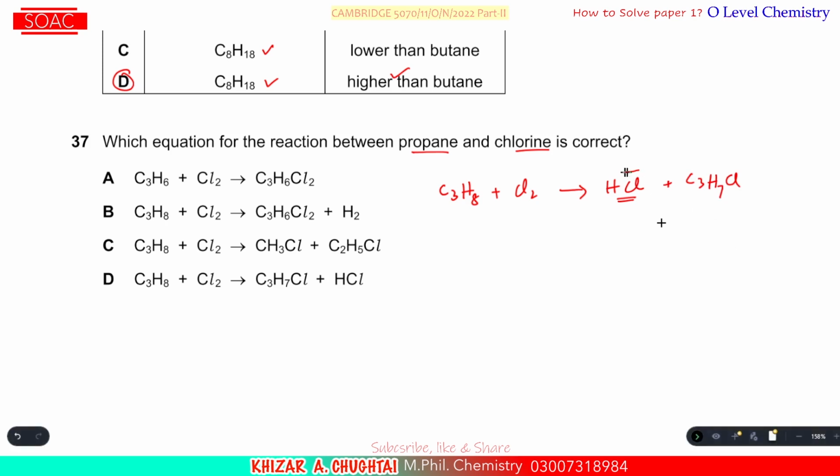At least there is the possibility of formation of HCl every time. So let me check the nature of the product. Only one option has HCl as a product. So let me check the equation. This should be the balanced equation. Yes, it is balanced. 3 carbon, 3 carbon, 8 hydrogen, 2 Cl, 2 Cl. D is the correct option.